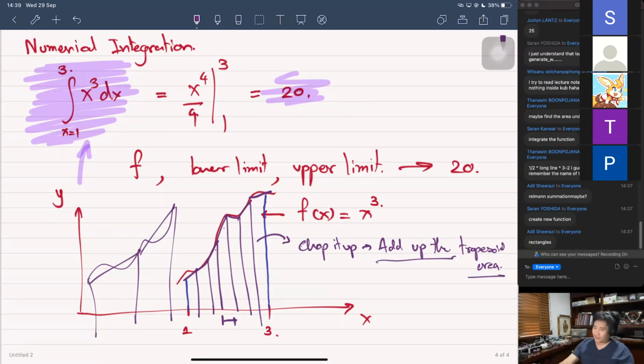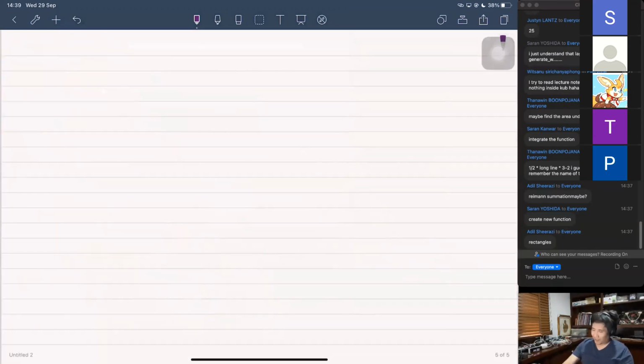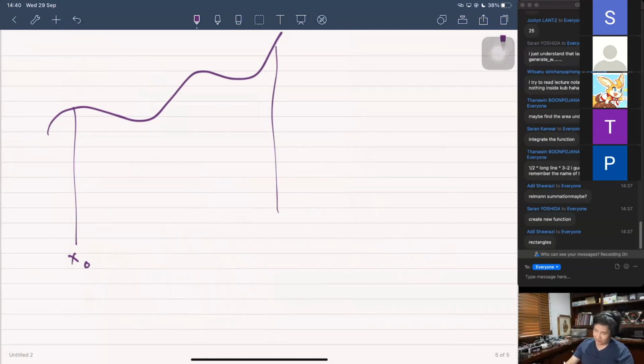Okay, so let's do this. Let's look at one of the trapezoid pieces first. Let's call this x0. Let's call this xl, the lower limit, and this is xu.